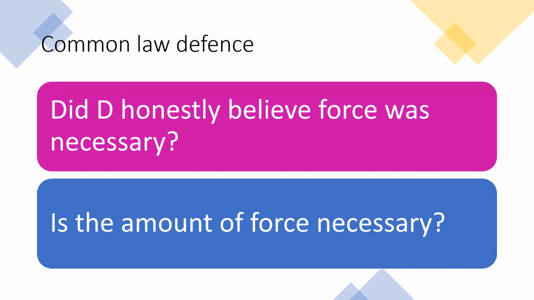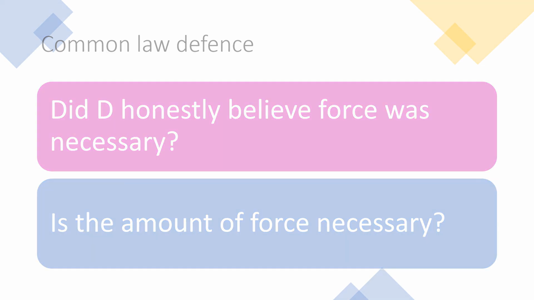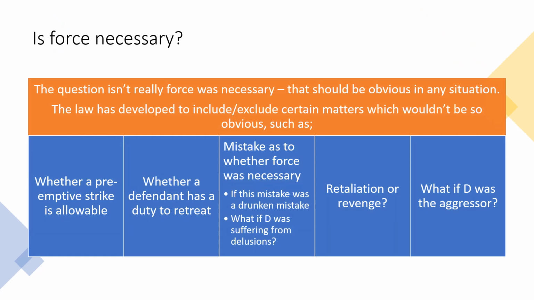I'm going to deal with this one first. So did the defendant honestly believe force was necessary? Now, the thing to say about this is it's not really whether force was necessary. In most circumstances in your exam, the force is going to be necessary, and that's obvious in any situation. So the normal thing you would do is explain why force was necessary, the reason they used the force, and of course then move on to some of these exclusion or inclusion matters, such as whether a preemptive strike is allowable.